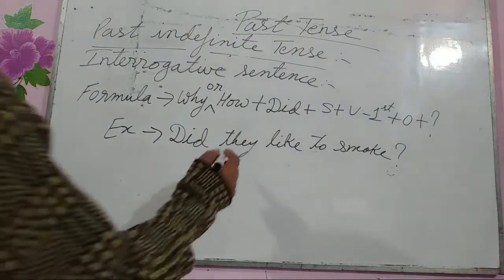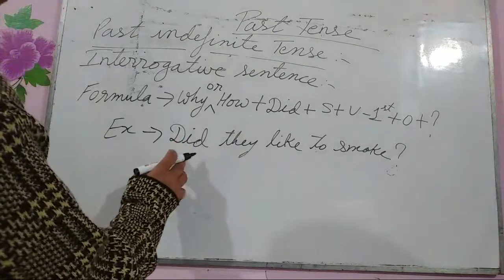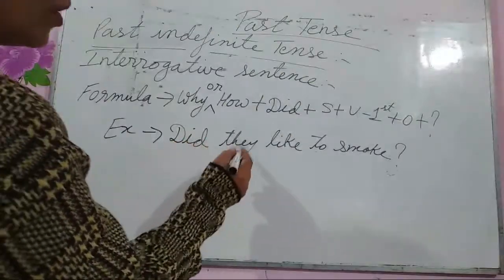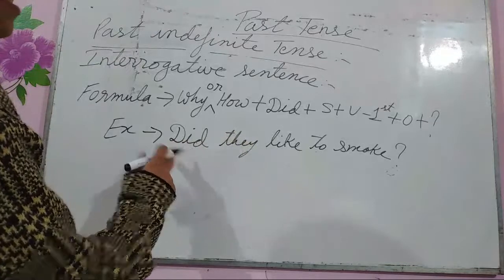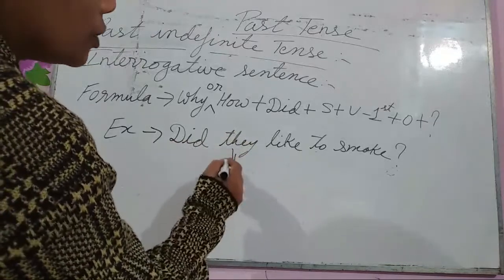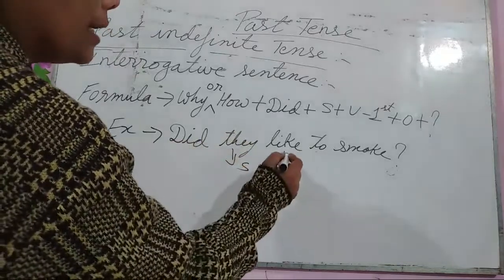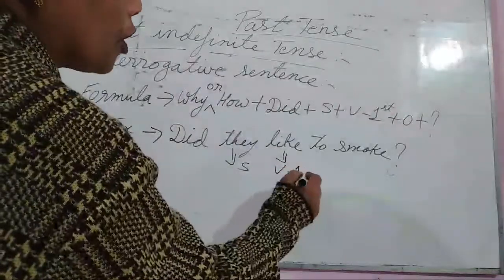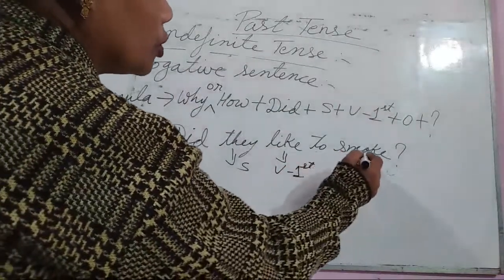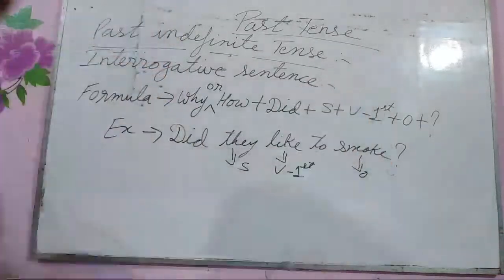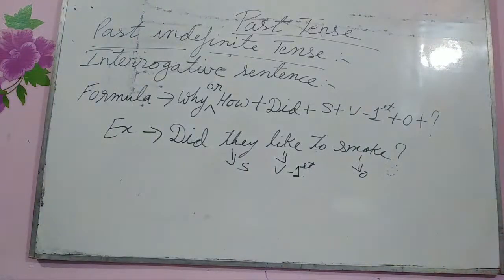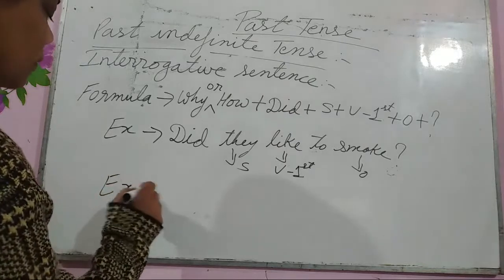Where did, we are asking the question, so did, as it is in the past tense, they is your subject, like is the verb of first form, and to smoke, your smoke is the object. So I hope according to the formula the sentence is clear to you. Now let's see the next sentence of the same.